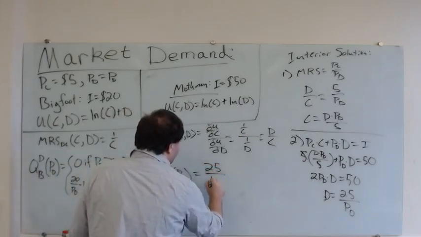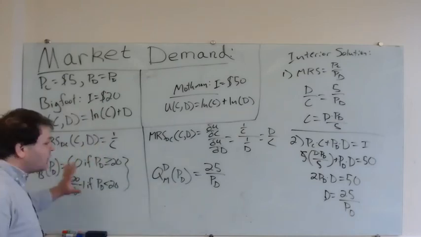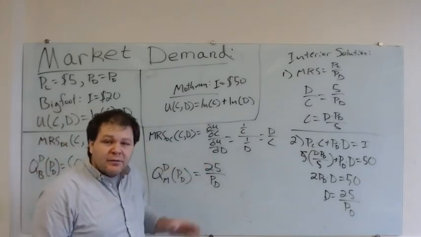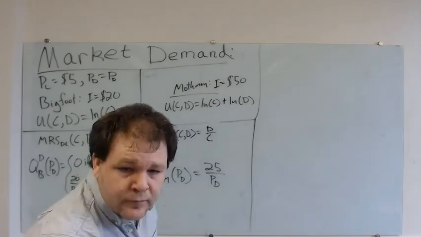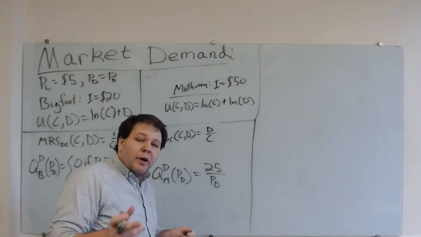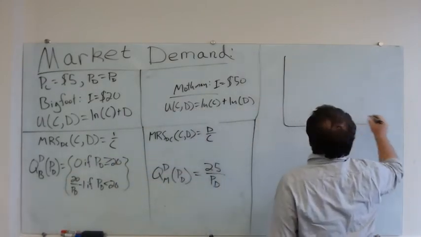Cool. So now we have Bigfoot's demand curve and we have Mothman's demand curve. All we have to do is put them all together to get a market demand curve. Just as a reminder, what we're going to try to do here is sum up our demands horizontally. We've got PD and QD.